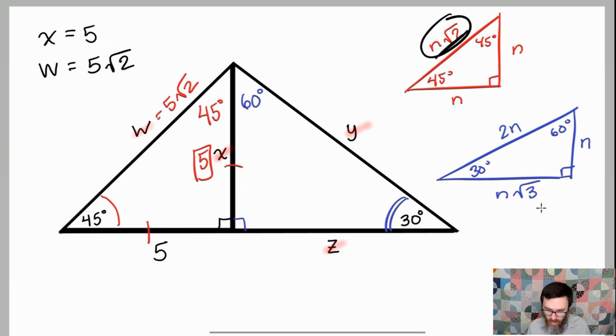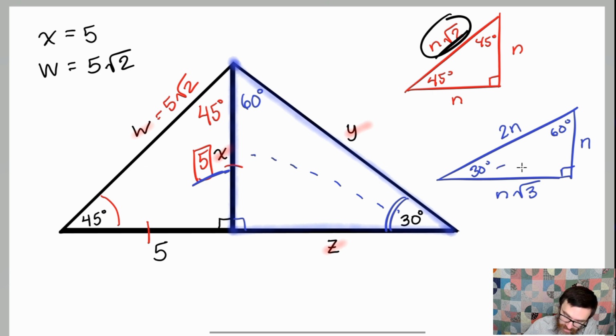Now let's figure out where this all fits in with our current diagram. Let's highlight this triangle. Notice that the side I know, this one right here, is the side opposite the 30 degrees.